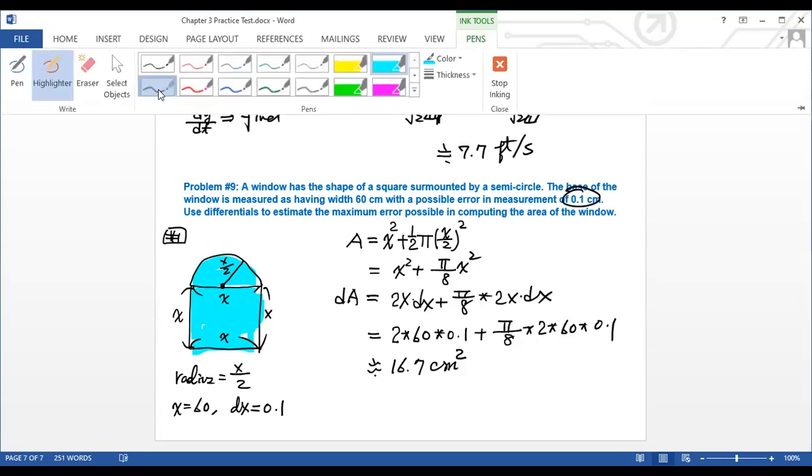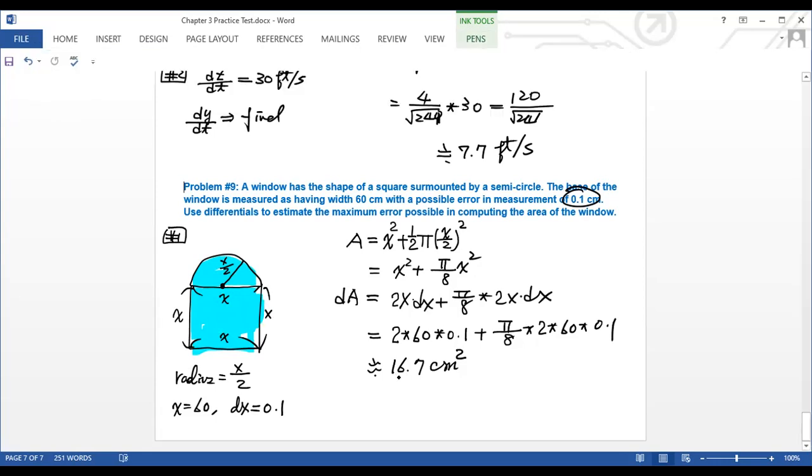The real area could vary by no more than 16.7. So the true value is 60 times 60 plus the half circle area, and with the measurement error, your true area could be plus or minus 16.7. This is the maximum error for this window due to the measurement error.